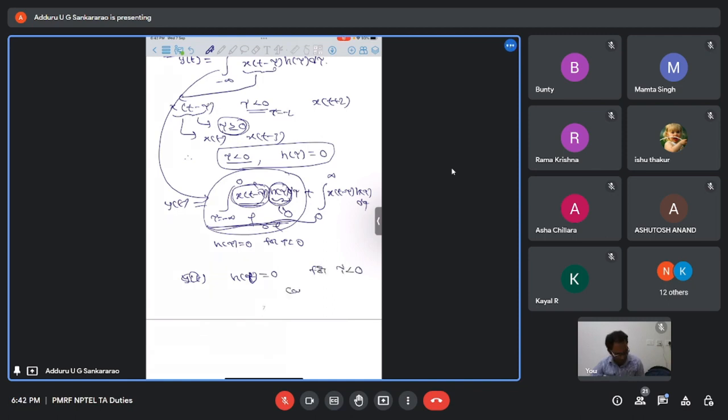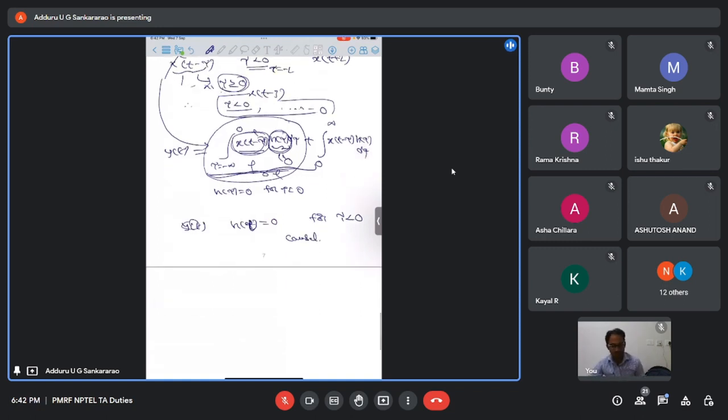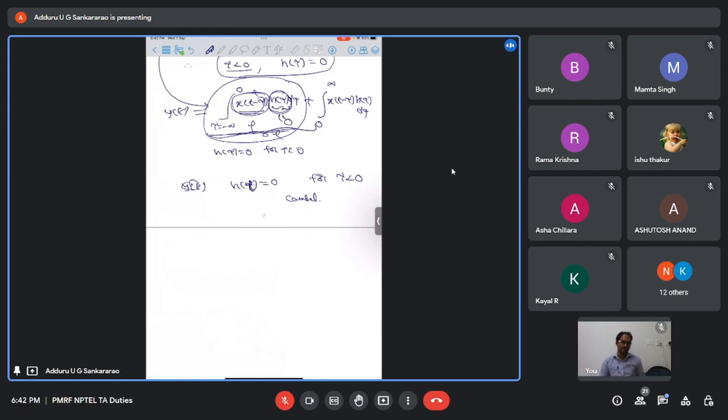An LTI system is causal if its impulse response is 0 for t less than 0. Or, for the discrete case, the impulse response h of n is 0 for n less than 0, then it is causal.